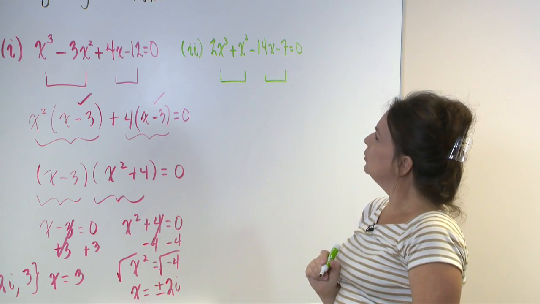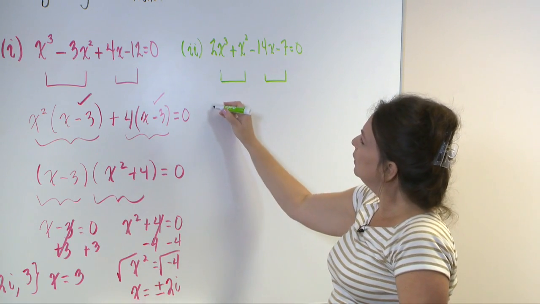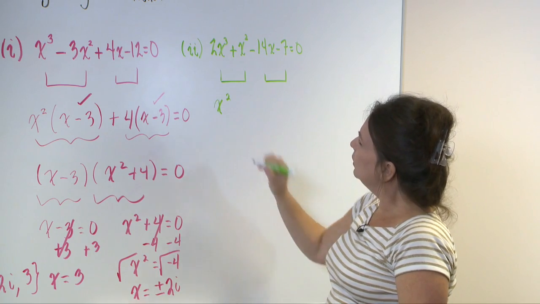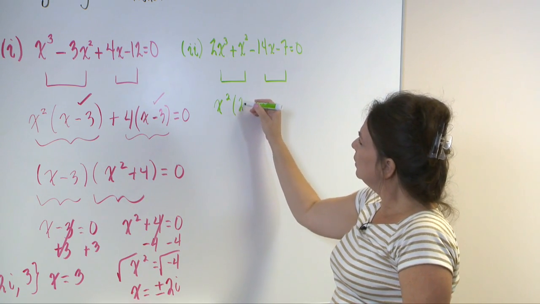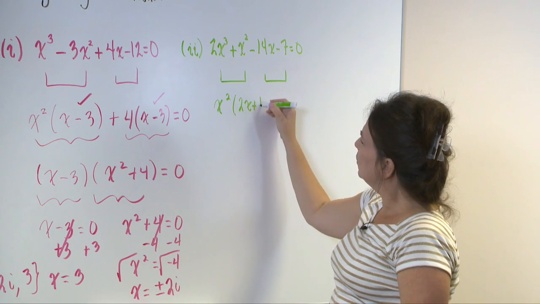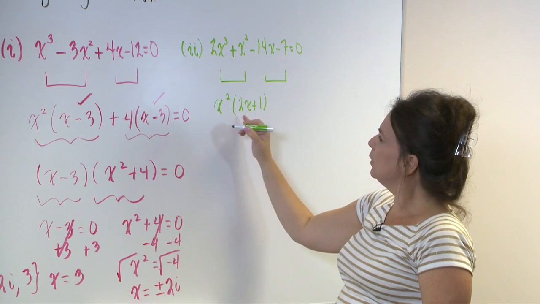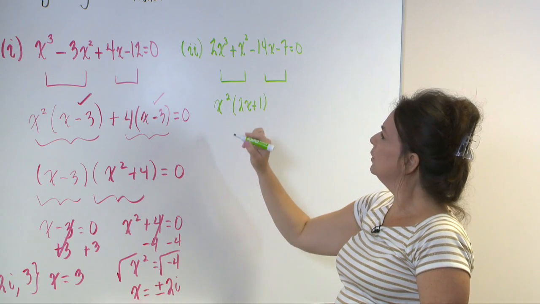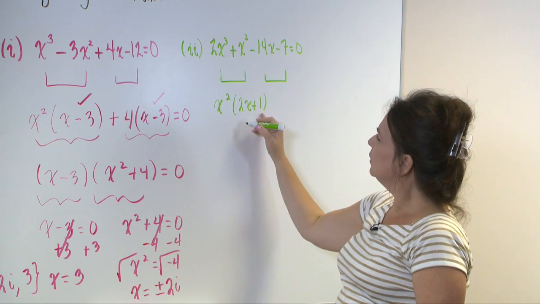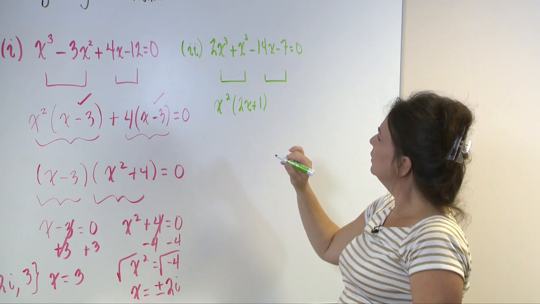So from the first two terms, I'm going to factor out the greatest common factor of x squared. And if I do that, I'm left with 2x plus 1. I'll check that. X squared times 2x is 2x cubed. X squared times 1 is x squared.